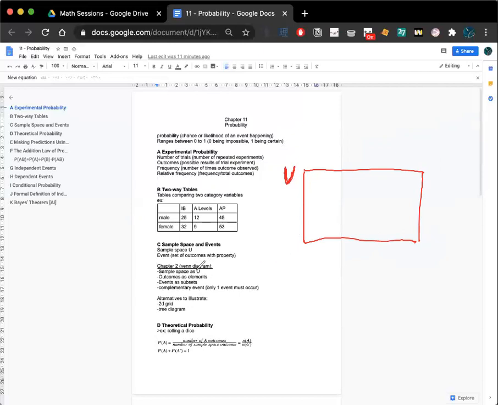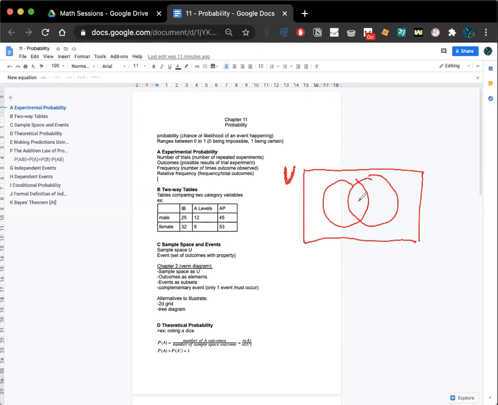The sample space is essentially the space where all the samples or all the outcomes are in. And the circles in the Venn diagrams would usually be what you call events.